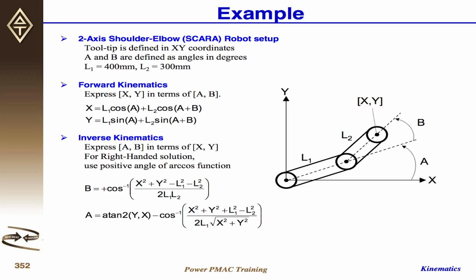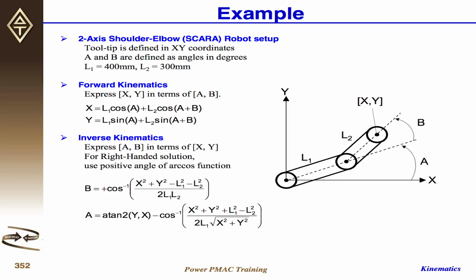But the motor position, if it's the angle here, is not in a linear relationship with the axis position. So you have to use kinematics, and this is the equation that we have. Okay, for forward. For inverse, the input is the axis position, the tooltip position, and you have to back-calculate what the motor angle is for this case.